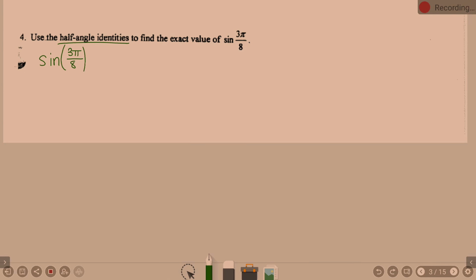That's our given problem. A half angle identity says sine of something divided by 2, yes? That's how my half angle identities start, with something divided by 2. We need to know what that something is.